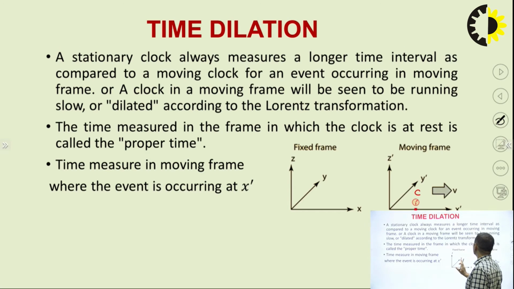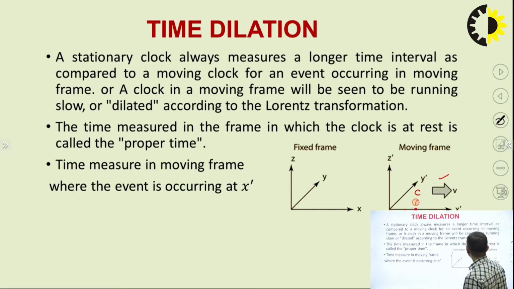With respect to the fixed frame, the moving frame is moving along the x direction, and the velocity of the moving frame with respect to the fixed frame is, suppose, v along the x direction. Now, in the moving frame where the event is occurring, the position of the clock C with respect to the moving frame is x prime, that means the position of the clock is fixed in the moving frame.